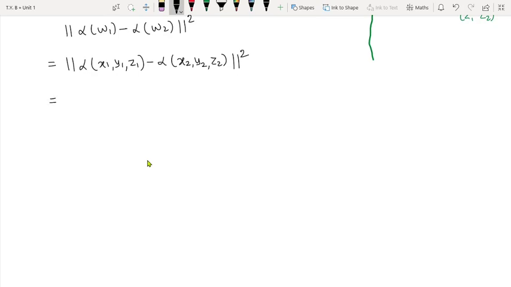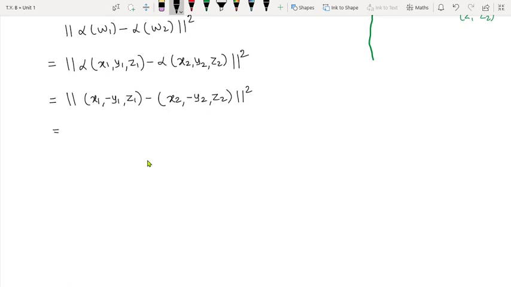This is equal to norm of x1 minus y1 z1 minus x2 minus y2 z2, norm square. Don't forget that square.